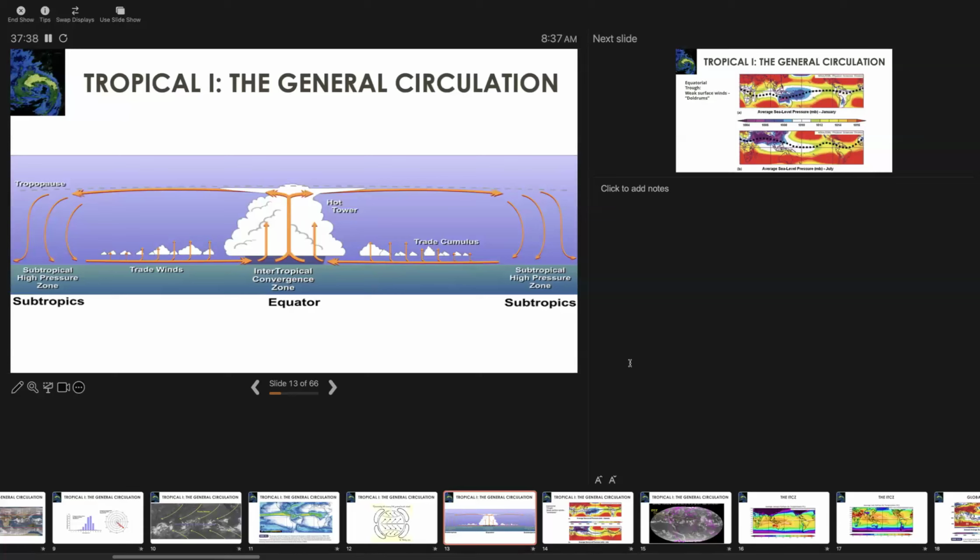So the Hadley cell in each hemisphere is what we call, I'll put this term up here because it's reasonably important, a thermally direct cell. In other words, it's driven because of the temperature contrasts, right? Because of the energy surplus. It's a thermally direct cell.